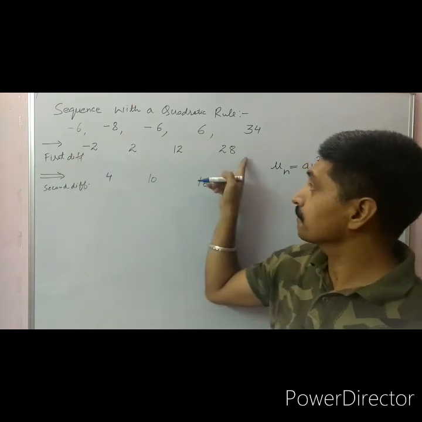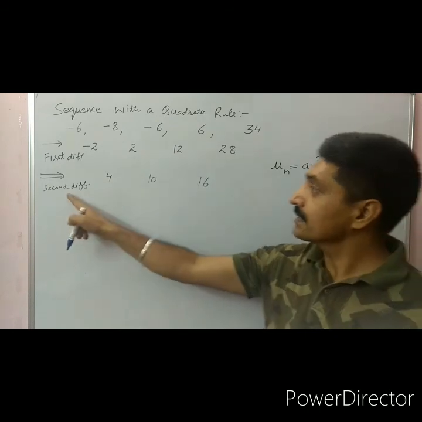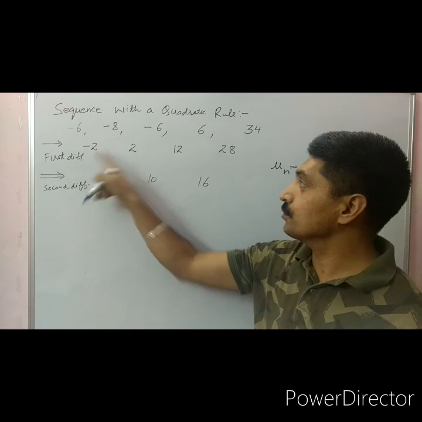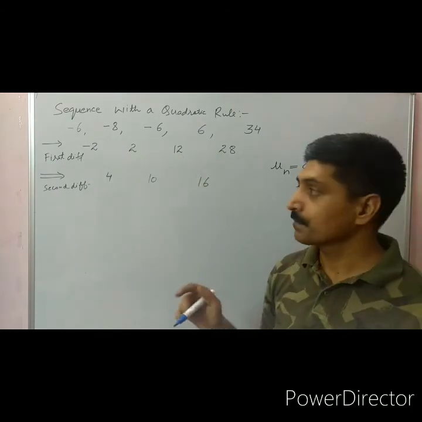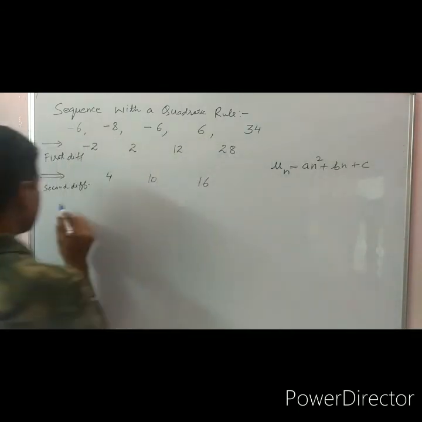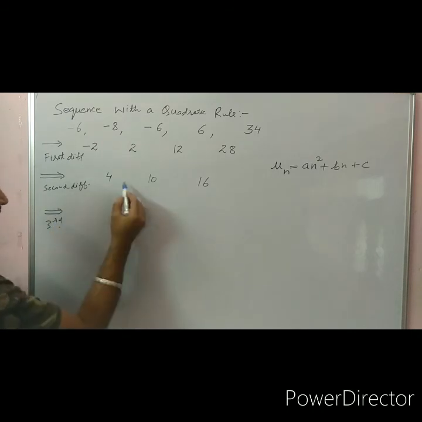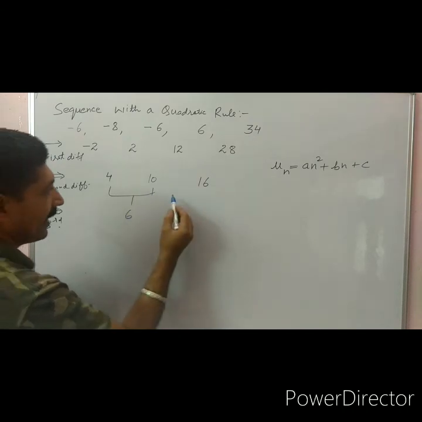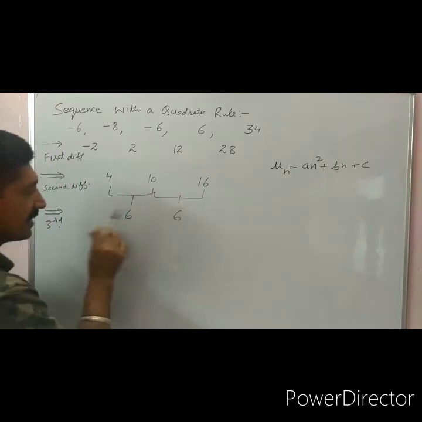The first difference is minus 2, 2, 12 and 28. The second difference is 4, 10 and 16, so the second difference is not the same. The third difference is 10 minus 4, that is 6, and 16 minus 10, that is 6. So the third difference is the same.